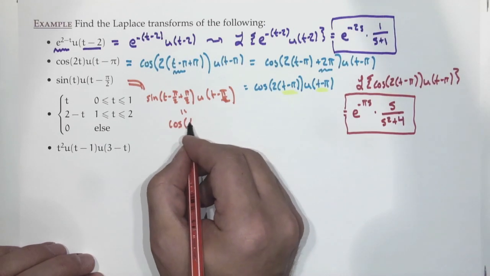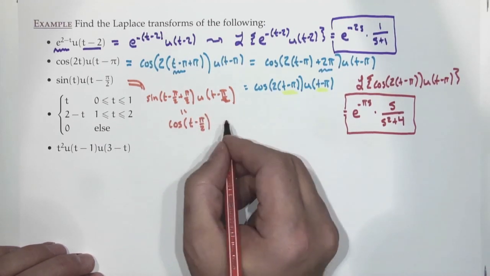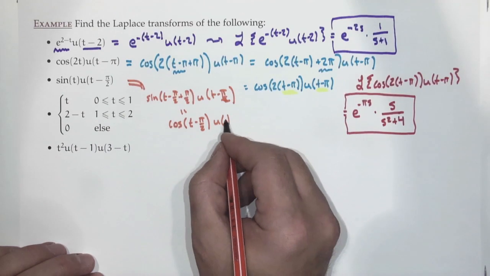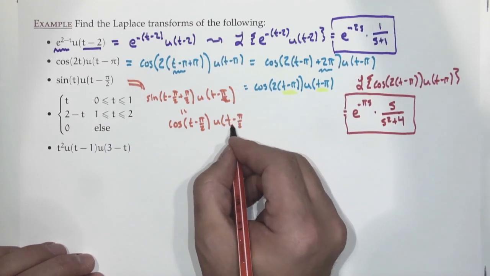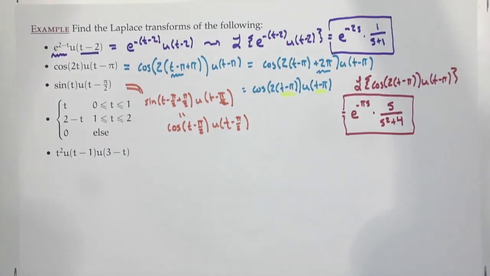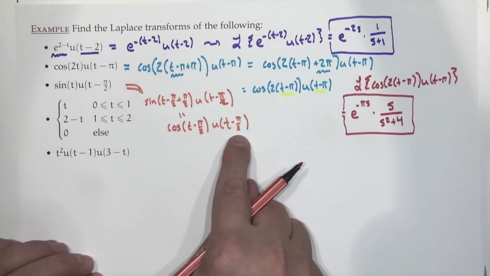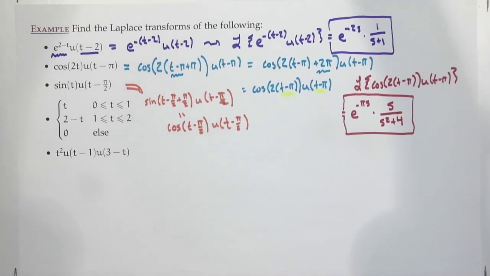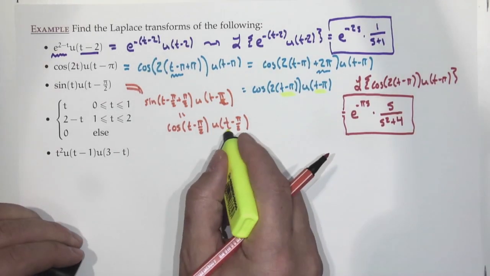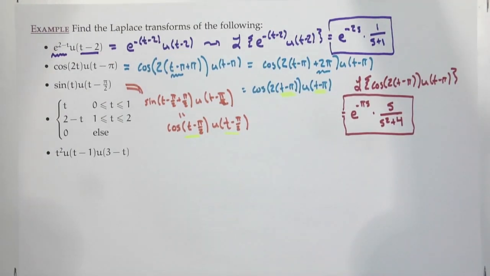This is cosine of t minus pi halves, u of t minus pi halves. Using knowledge of trig. Trig, what a wonderful, wonderful time. Okay, so we now have rewritten it so that the insides match. Life is good.